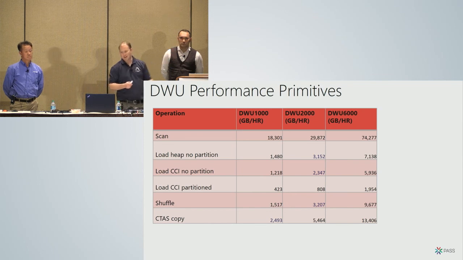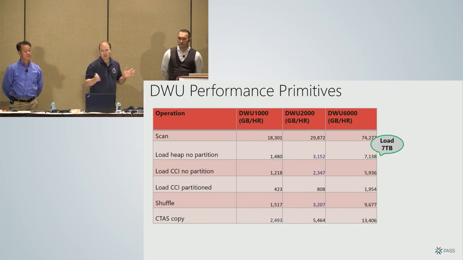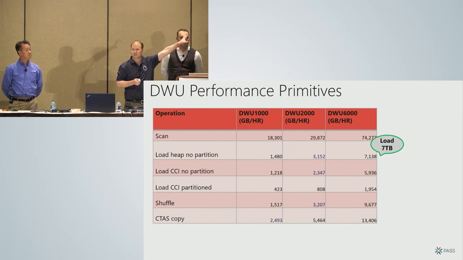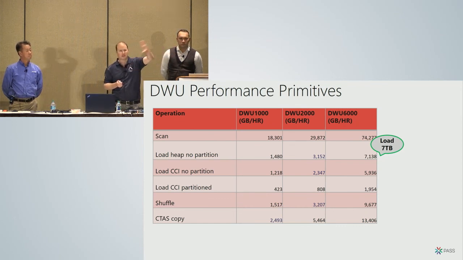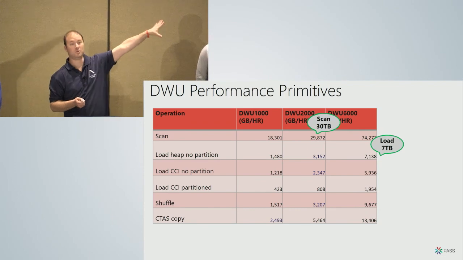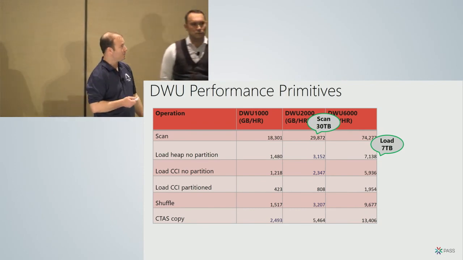Let's say you need to load 10 terabytes worth of data. You can see right from here, if you go up to a DW 6000, then you can load around 7 terabytes of data. Again, if you're looking at classic workloads, if you say, hey, what's my scan rate? This, by the way, happened to be from totally cold cache or no cache, remote storage.